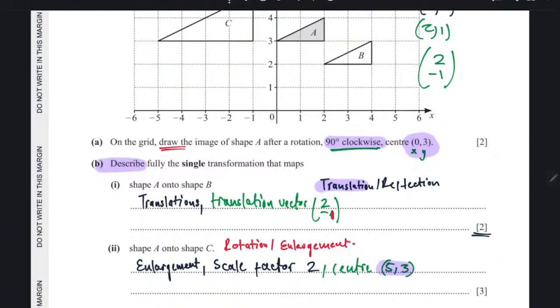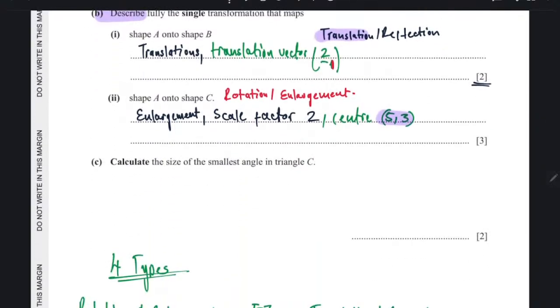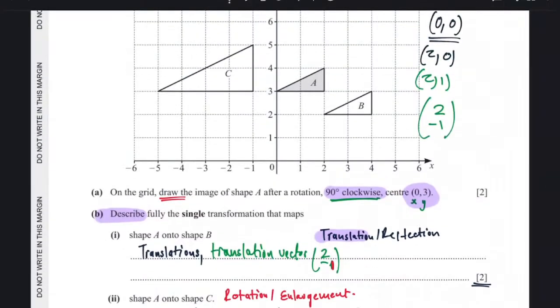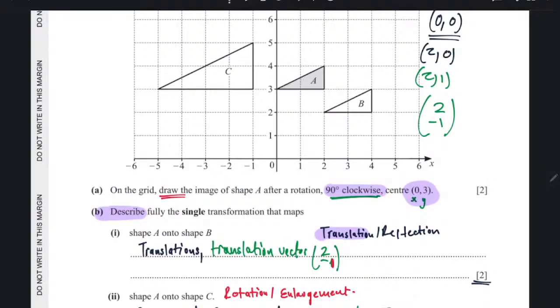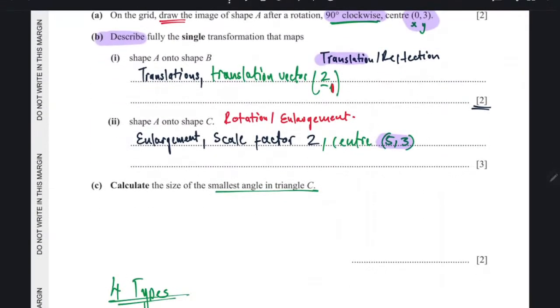All right, so now they said calculate the size of the smallest angle in C. You go to C and it is this one. Now, what you are going to see is that it's a right angled triangle. And they mention the word angle. Let me tell you right now, I don't actually care.